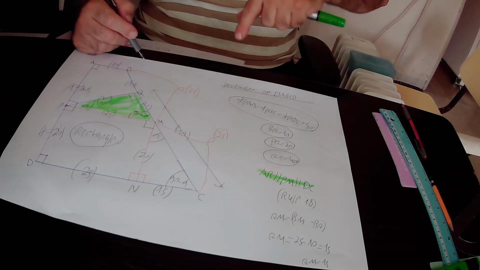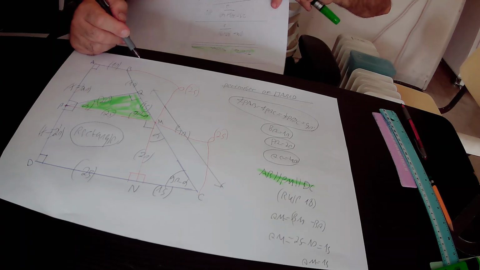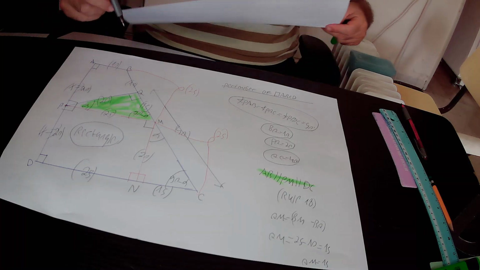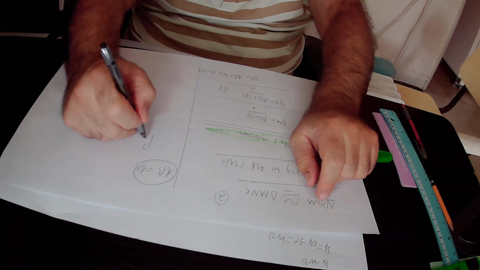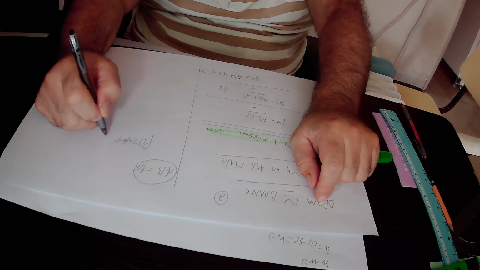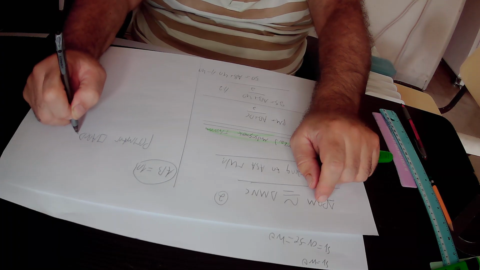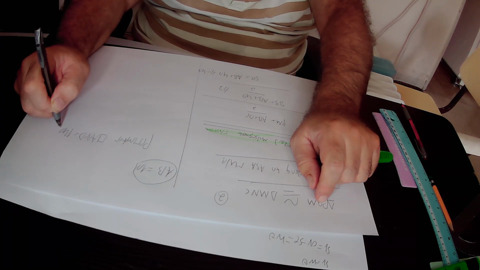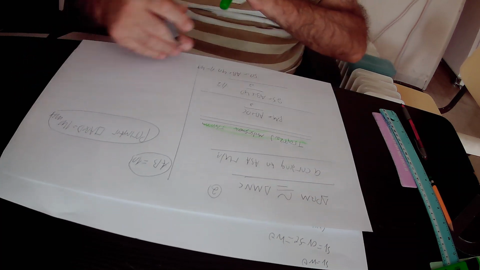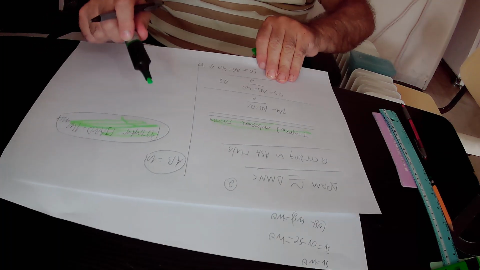CB is 50. 90 plus 50 is 140. So the perimeter of this quadrilateral ABCD is equal to 140 units in length. This is the answer to the question.